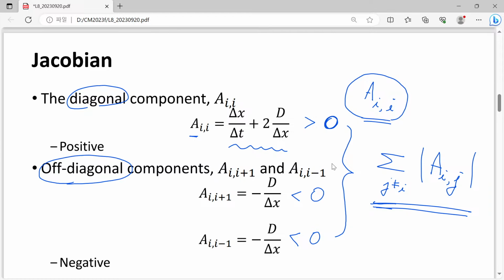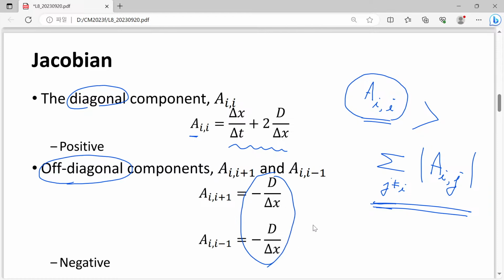You can easily understand that even in this case, this one is bigger, because when we make the absolute sum of them, we will have just 2 times d divided by delta x. This is exactly matched to this diagonal component.